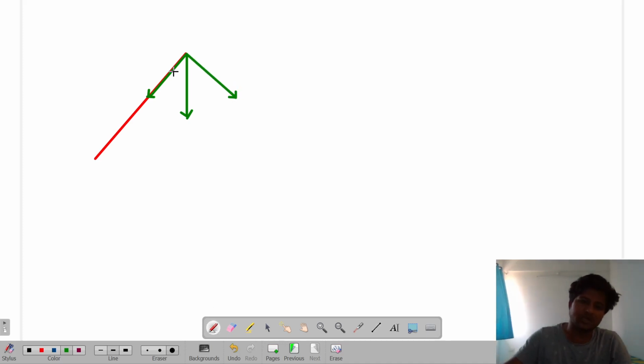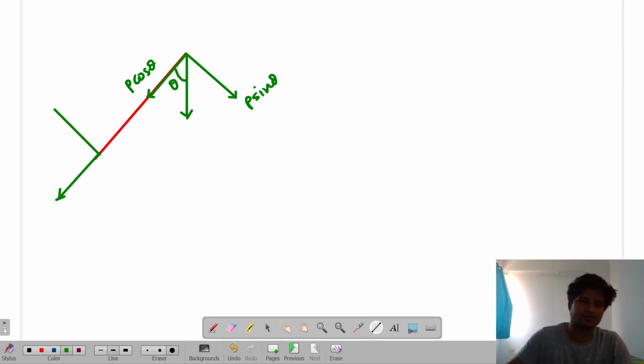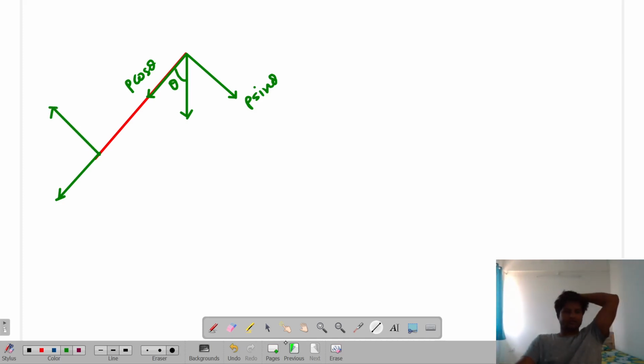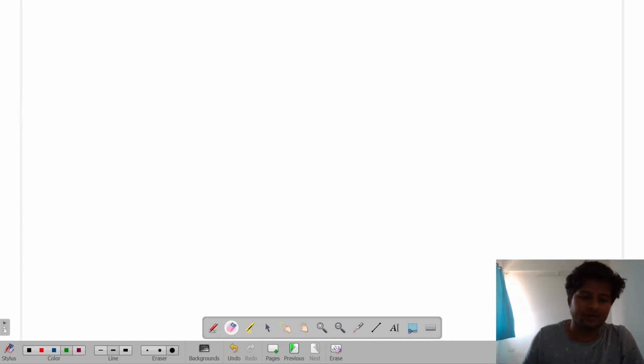If this is theta, this is p cos theta, and this is p sine theta. And if theta is 45 degrees, then I have two electric fields, E cos alpha and E sine alpha, in the opposite direction. Are you able to get me? And that depends, if theta is same, then one will be E and another will be twice E. Is that clear?